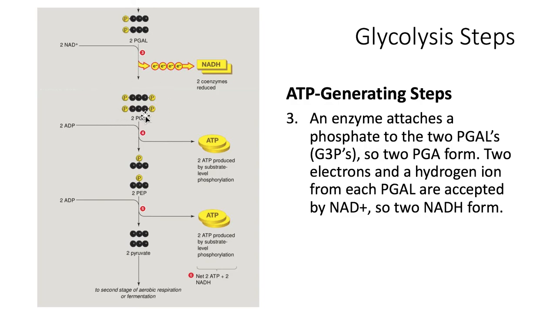These are the oxidized forms of PGAL. And since we're going from PGAL to PGA now, which is oxidized, we're losing some electrons, and those electrons are going to be used to make NADH. And NADH is something that we want to make. So we're making 2 NADH molecules over here. Okay, so that is our step 3.